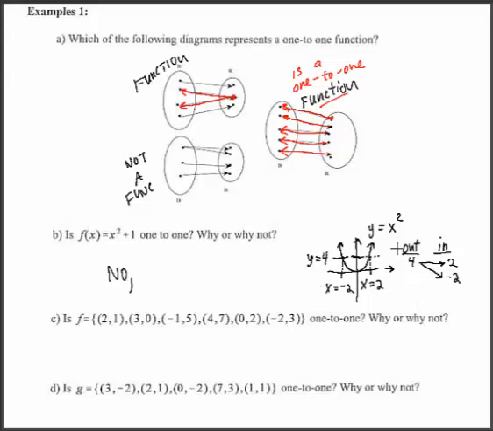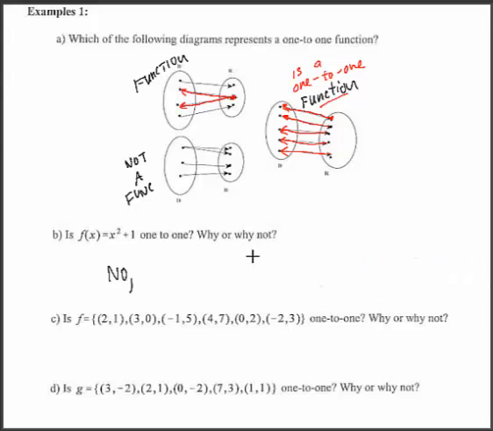Okay, and the same idea applies to x squared plus 1. Say for instance I take this f of x and I put in a negative 2. This expression tells me to square negative 2 and add 1, and so I would get 4 plus 1 equals 5.